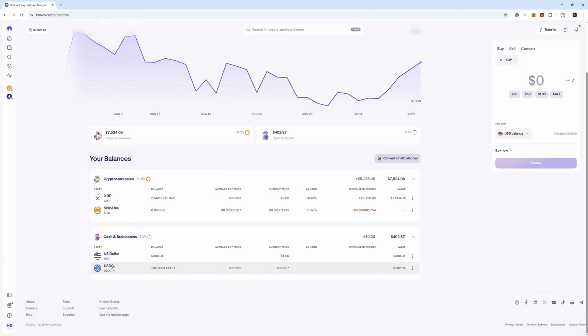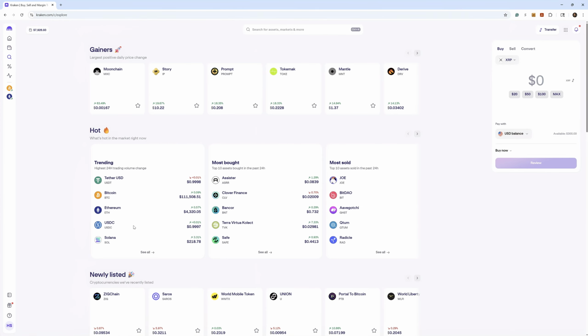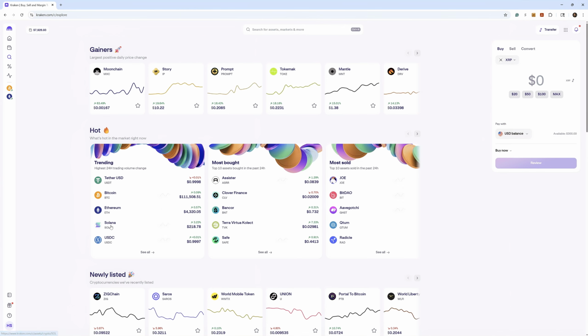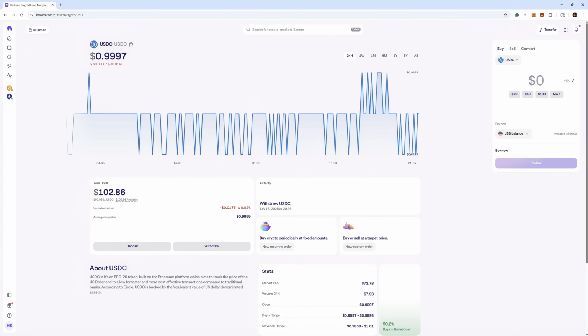So basically, what you do is you just look for the asset and you just buy the asset. So for example, USDC. If the person you want to make the payment to wants it in USDC, you buy the USDC, right? So let's say I already have 100 USDC, and let's say I want to buy some, right?